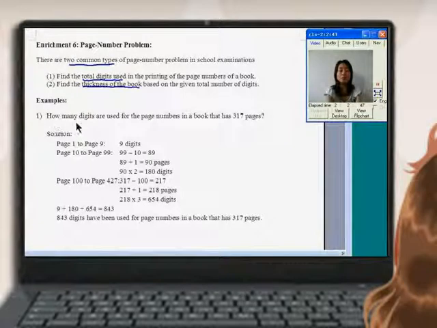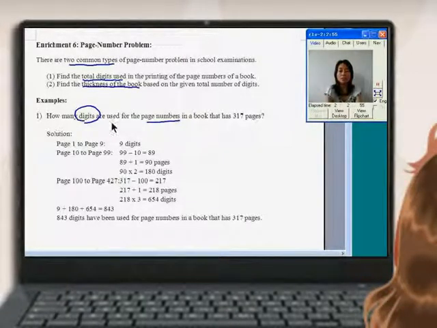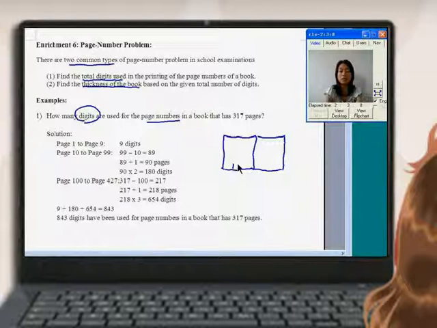First example, how many digits are used for the page numbers in a book that has 317 pages? Now let me explain in more detail. Today, if you open up any storybook, at the end of each page there is usually what I call a page number.